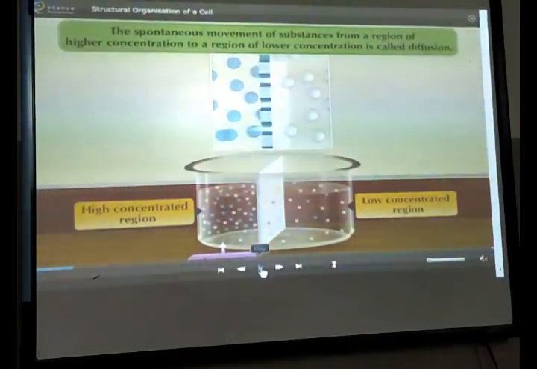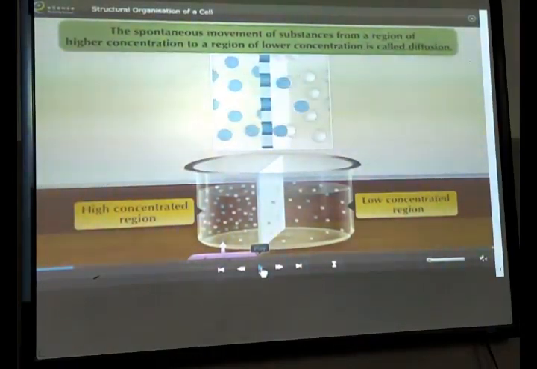As you know, when the cell membrane permits some elements to enter the cell, two types of conditions are created there: a high concentration region and a low concentration region.